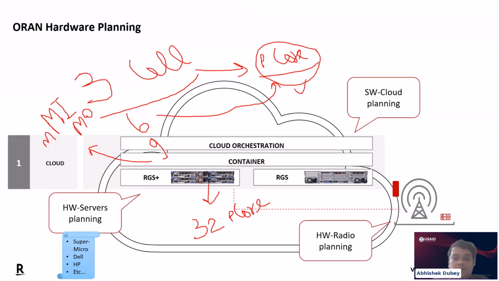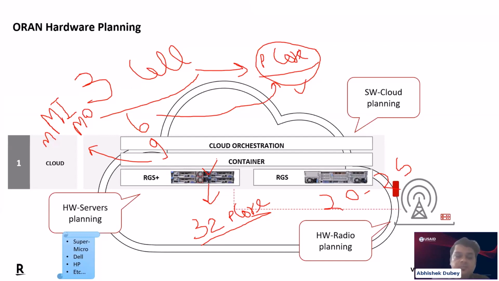If the P core requirement, just as an example, is 20 or 25, it means one single socket server gives you 32 cores and you require only 20-25. It means only one server is required to host that many sites.